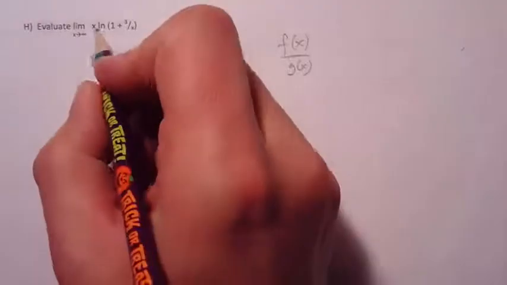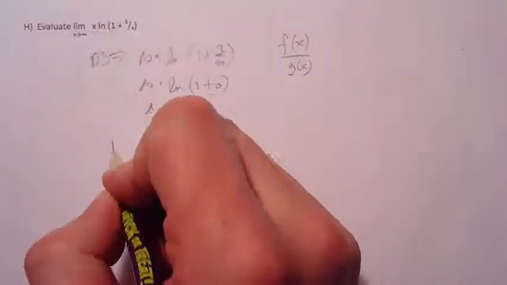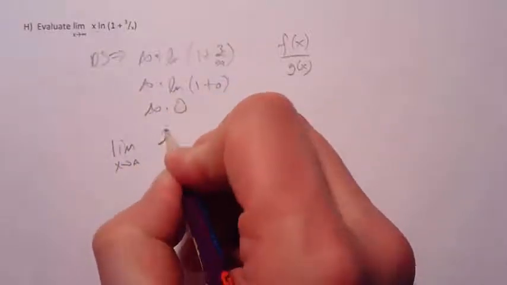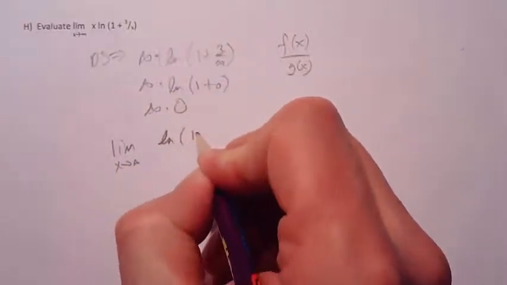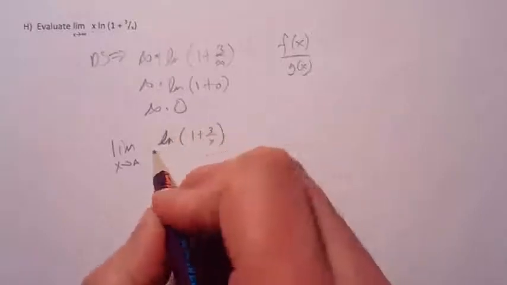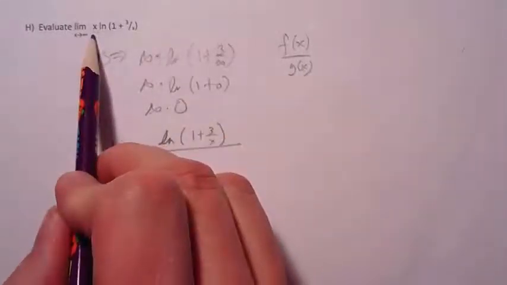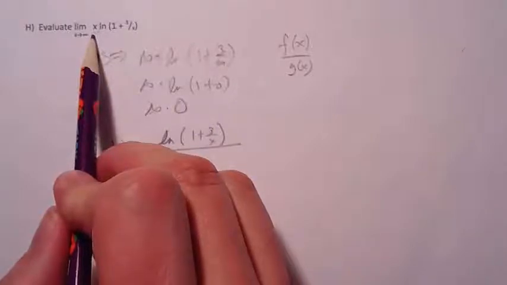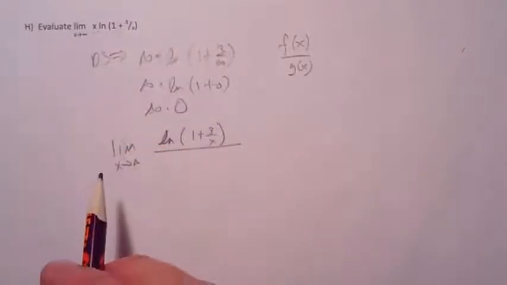So instead of x times this natural log, I'm going to leave the natural log part as the top of my fraction. And then instead of multiplying by x, I'm going to divide by the reciprocal. Often when we're dividing by something, we think of it as multiplying by the reciprocal.